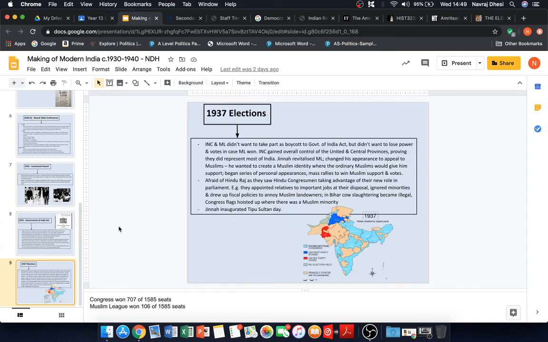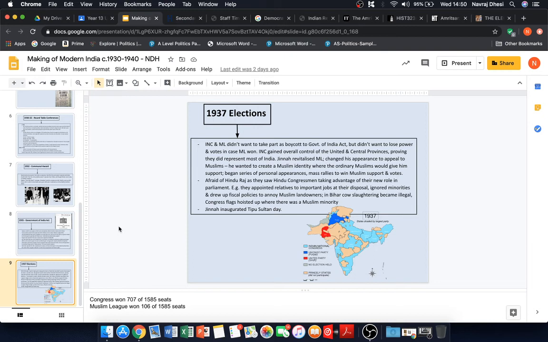The 1937 elections were the first test of this Government of India Act, because it portrayed a remarkable shift of power to the Indians, but it did cause a growth of incompatibilities between the Hindus and the Muslims, leaving Muslims feeling isolated once again.